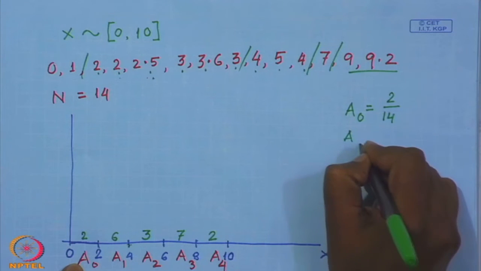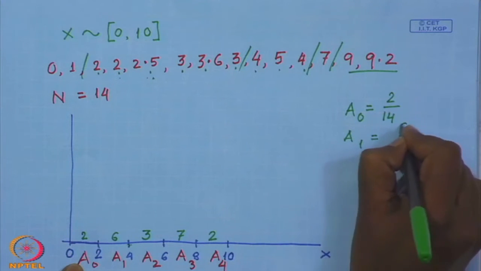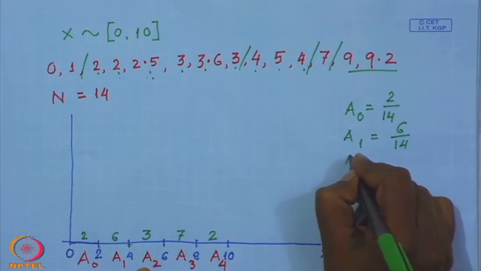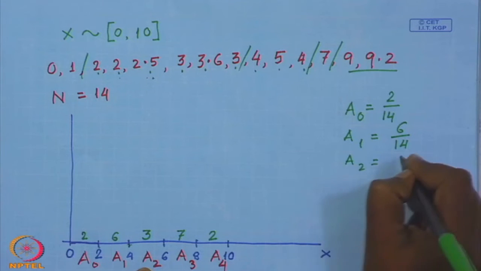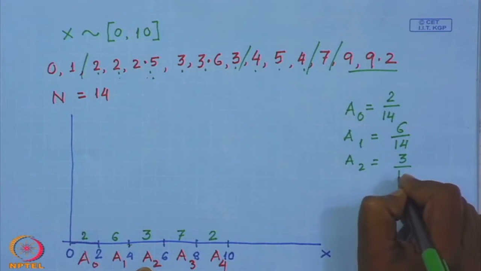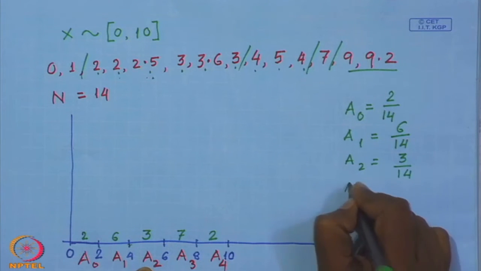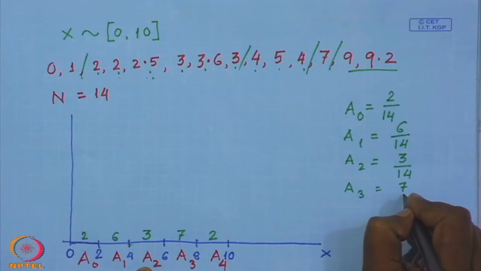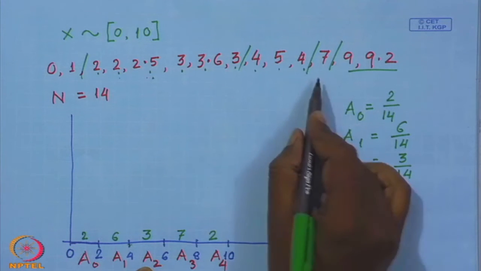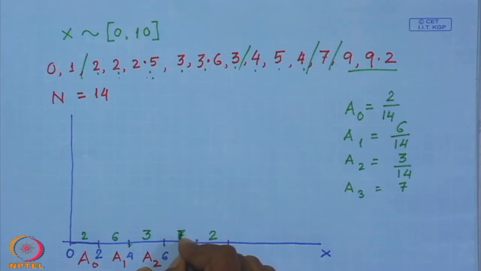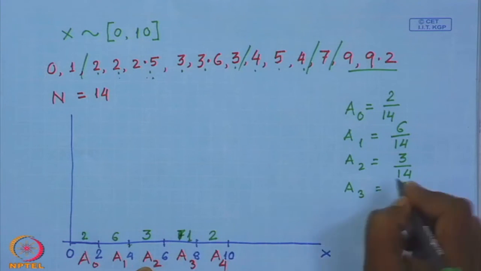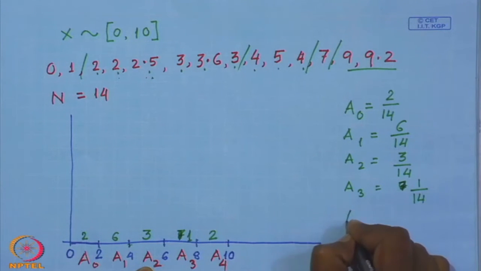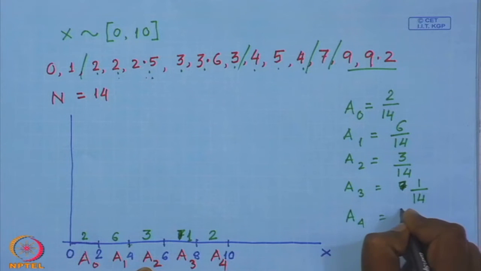Similarly, A 1 will be 6 by 14, A 2 will be 3 by 14, A 3 will be 7 by 14. Sorry, here I had only one sample, not 7 samples. So, it will be 1 by 14, and A 4 will be 2 by 14.